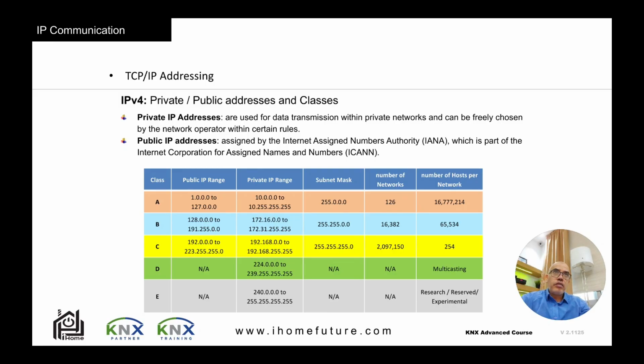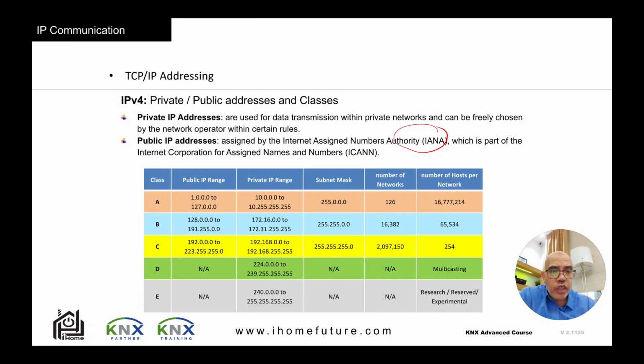IP addresses are divided into 2 categories. One is the public IP address, which should be a unique worldwide address, and mostly this is assigned by IANA, like the address you get from Etisalat or Vodafone, or an ISP, internet service provider. The other is the private IP address, which is normally what you are using in your house.